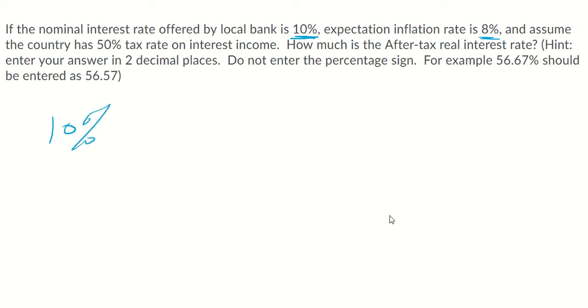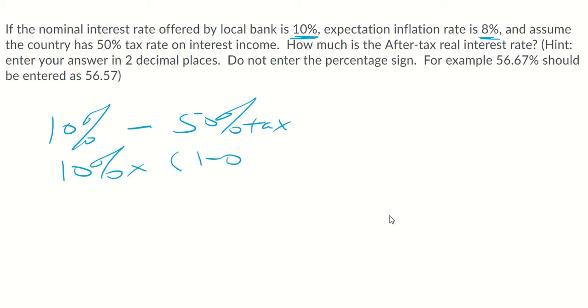First you find your after-tax income, so you subtract 50% away. That's your tax. To do this, take 10% times 1 minus 0.5. So what's left over is 5% after-tax income.